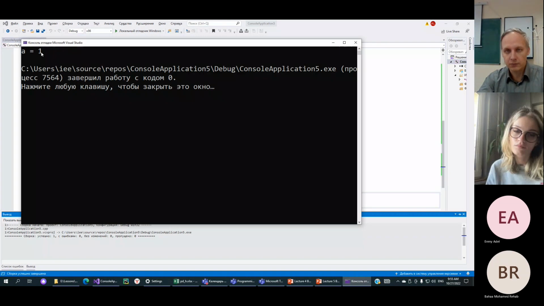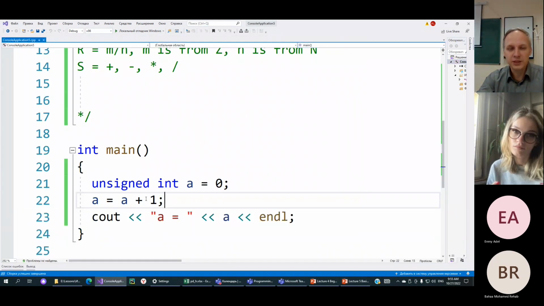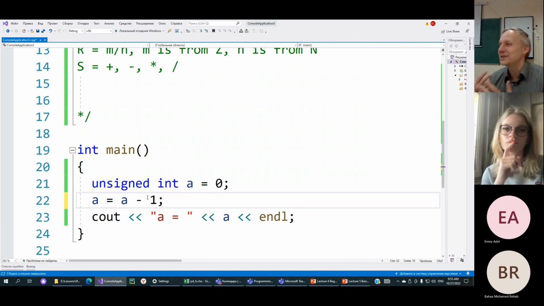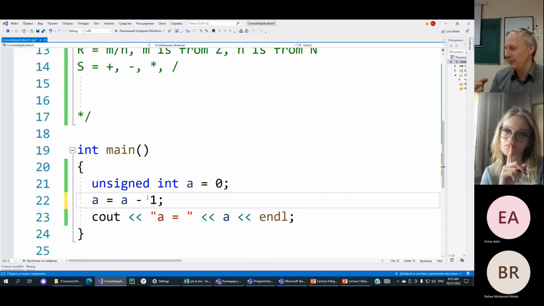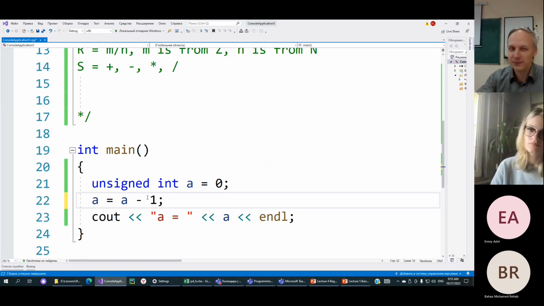But if I write A equals A minus 1, where minus 1 is for the signed type, the type that can store negative numbers.